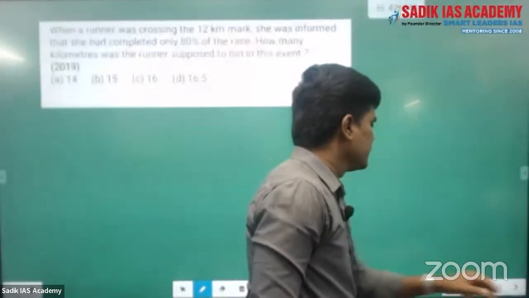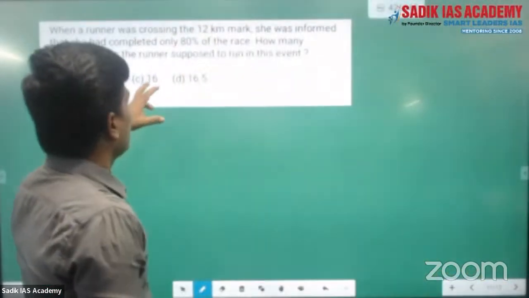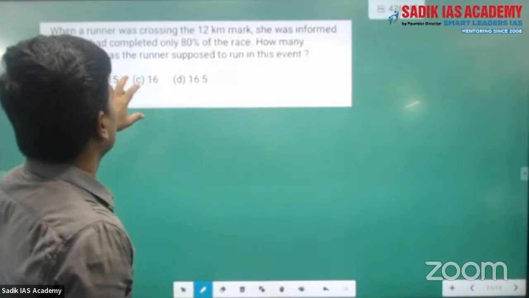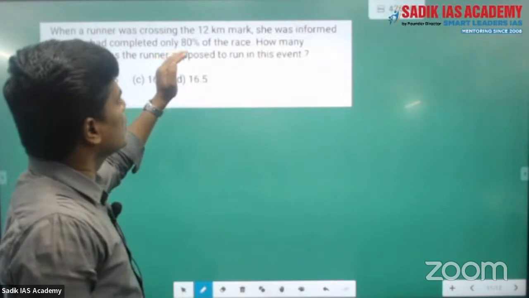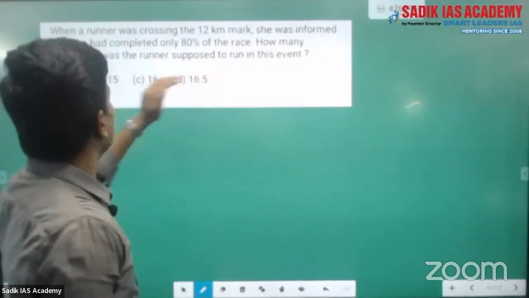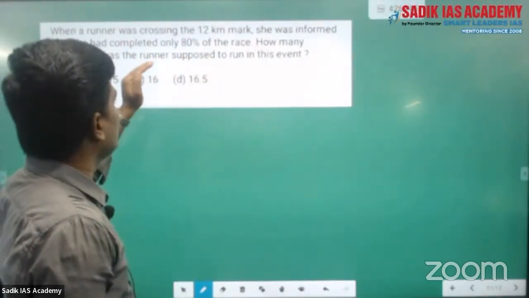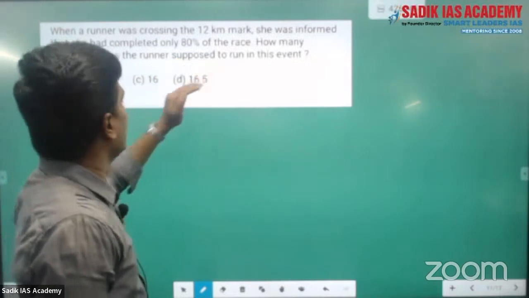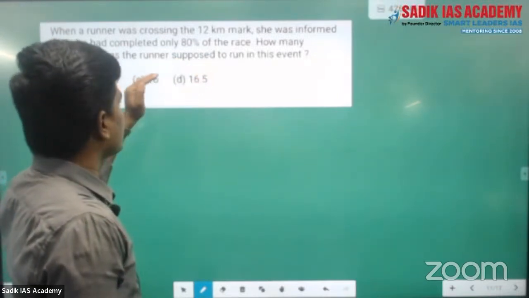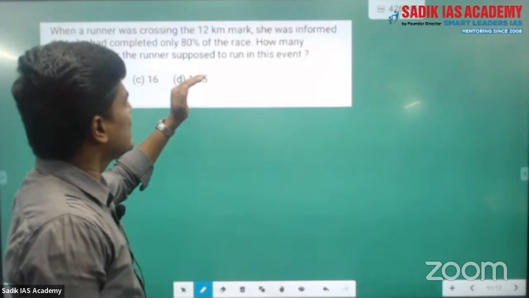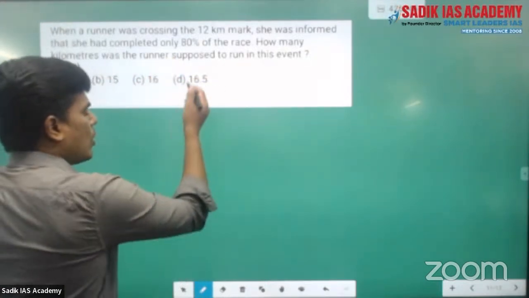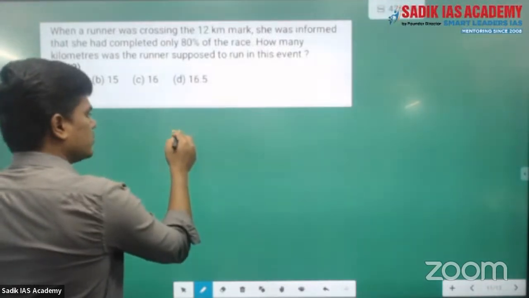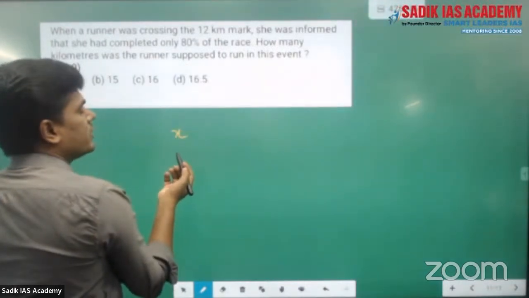Next. So this is also a similar kind of question. Here, when a runner was crossing the 12-kilometer mark, she was informed that she had completed only 80% of the race. How many kilometers were the runners supposed to run in this event? That means we don't know how much she has to run. Let us take x kilometers.